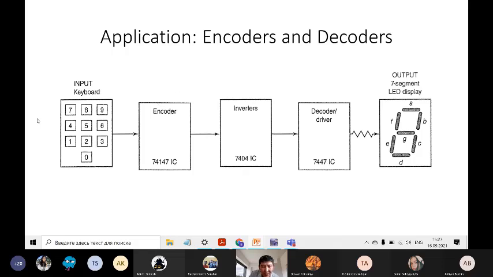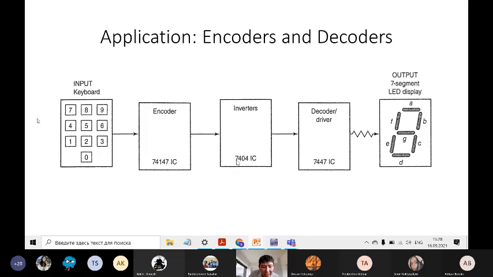for your course it doesn't matter. If you're interested, you can find some electronics books and understand why it happens. But you should understand that when we use this encoder, if you press, for example, just 1, you imagine that the output would be 1, but it will be 0. So we need to invert, and for this reason we need inverters.